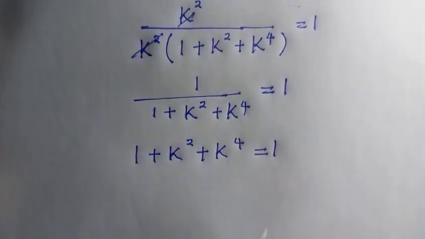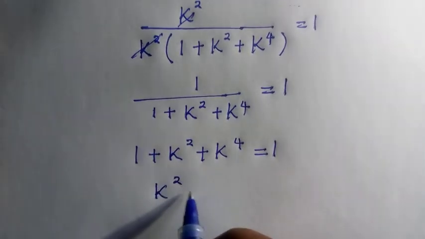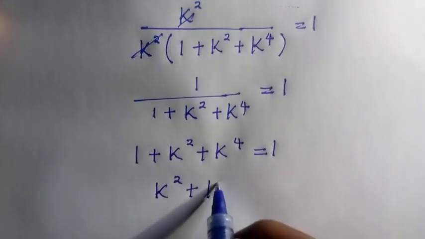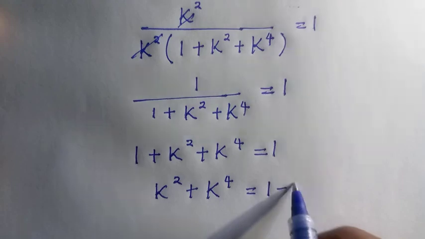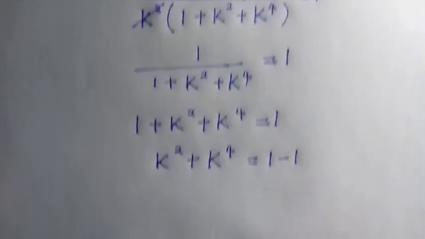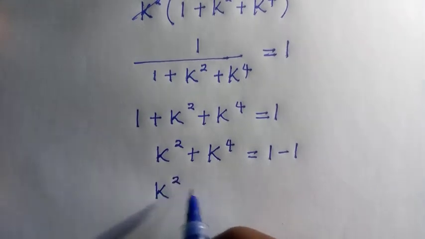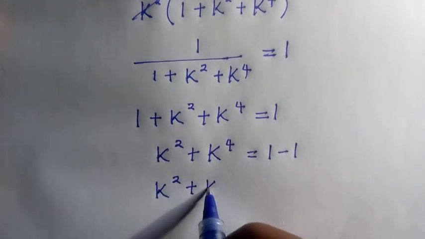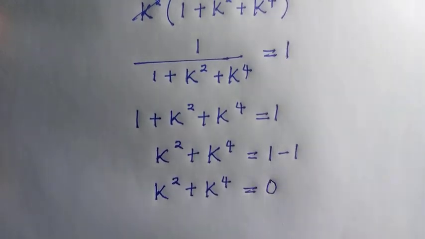Then we take 1 to the other side, as this side still remains k to the power of 2 plus k to the power of 4 equals 1 minus 1. Next we have k to the power of 2 plus k to the power of 4 equals 0.